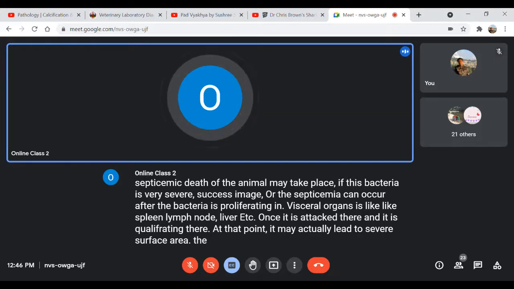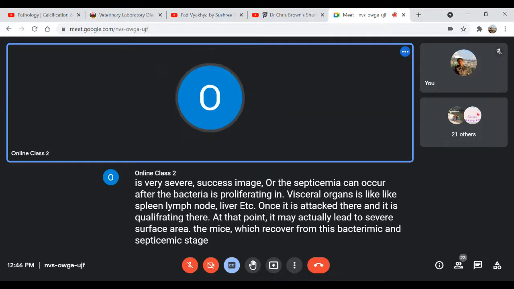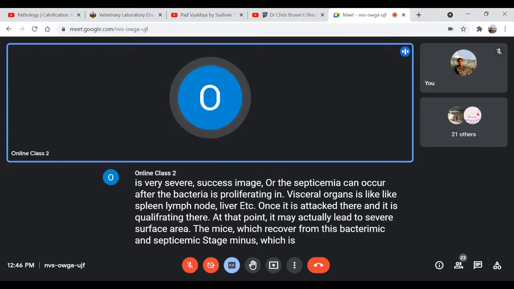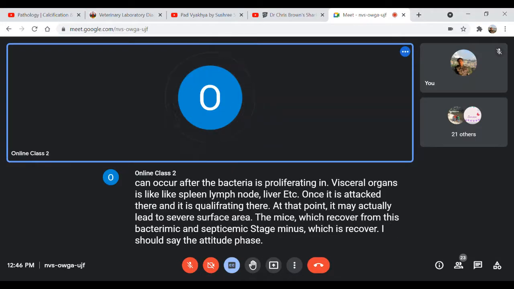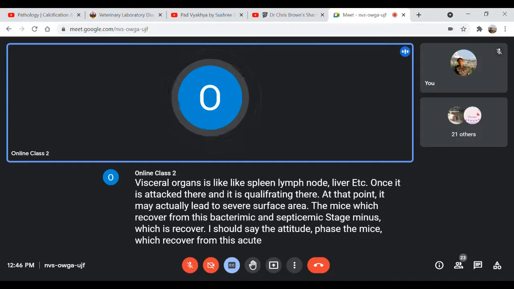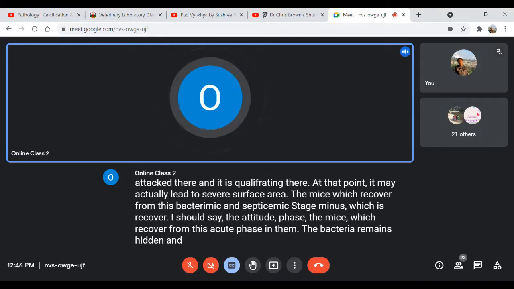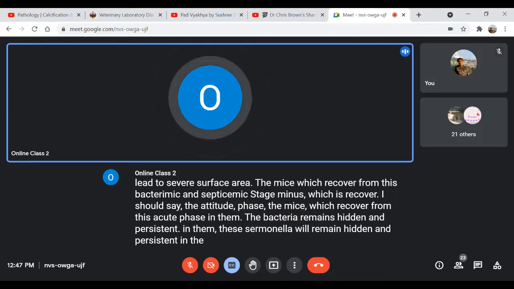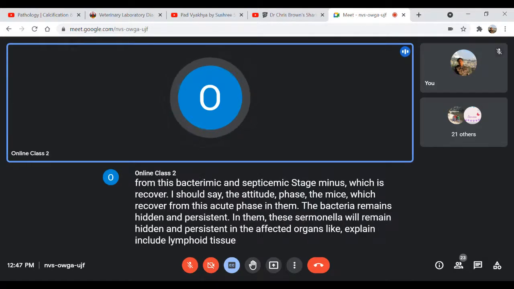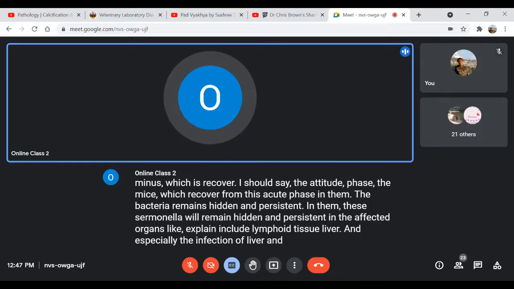The mice which recover from this acute phase, bacteremic and septicemic, carry the bacteria hidden and persistent. The Salmonella will remain in the affected organs like spleen, lymph node, lymphoid tissue and liver, and especially the liver and gallbladder.